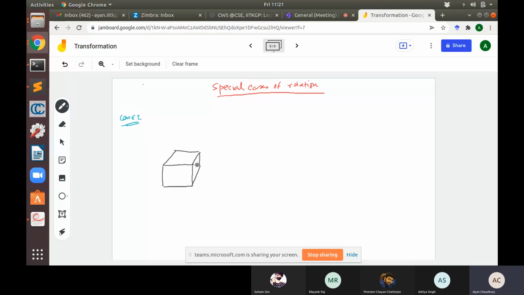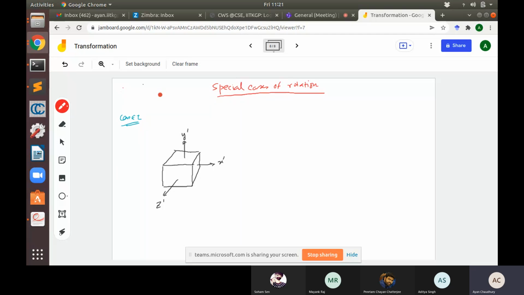Let's say this is x prime, this is y prime, and this is your z prime. I take this convention because it depends on the books; sometimes they use this type of convention, so that's why I'm trying to use the same convention. So this is your local coordinate system with the object.